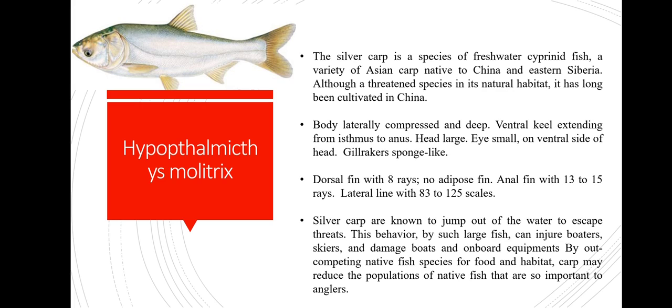Advantages are they spawn in confined water, they are highly fecund and produce a large number of fry, grow quickly, can be cultured in shallow seasonal water bodies, are resistant to pesticides and other toxicants, and tolerate a wide range of temperature and salinity.